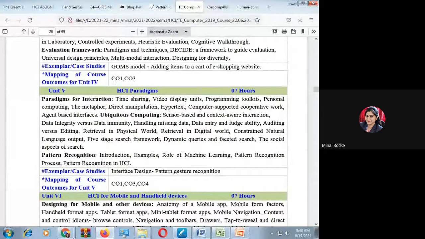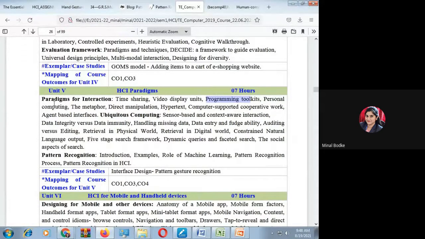Let us see what is the syllabus for this. The first bit in this unit is the paradigms for interaction. What are they? First you have to study the time sharing system, then the video display unit, then programming toolkit, then personal computing, metaphor, direct manipulation, hypertext, computer supported cooperative work, and agent based interface.